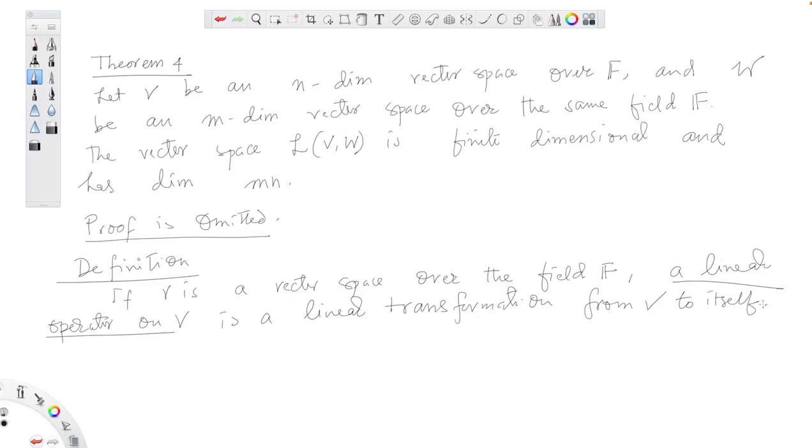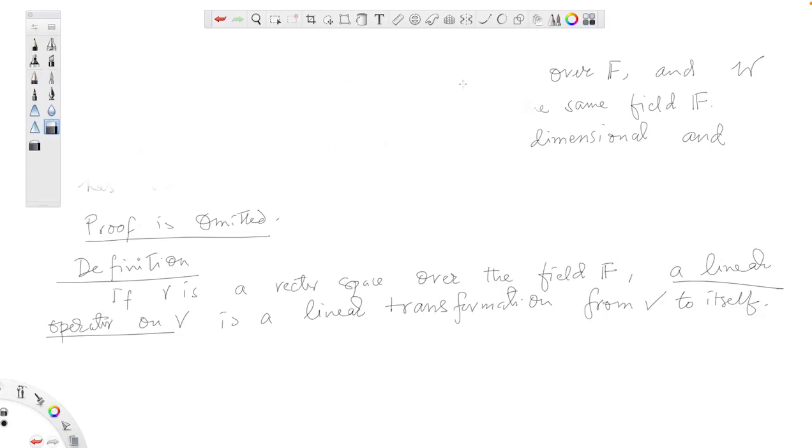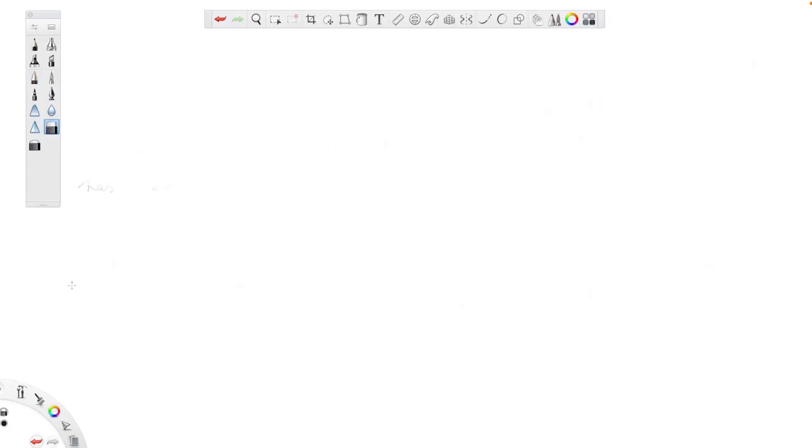Now we have a theorem. So let me erase everything here and state this theorem and prove it.